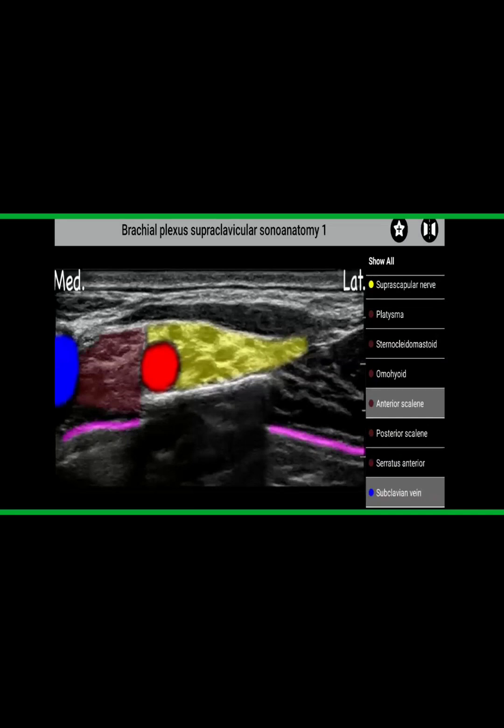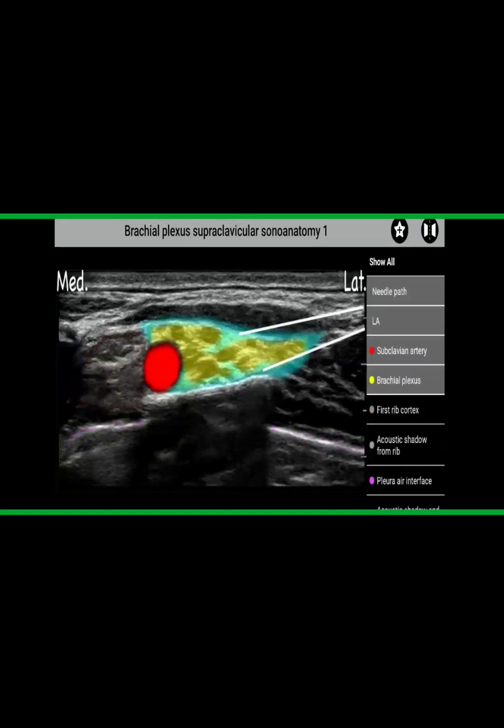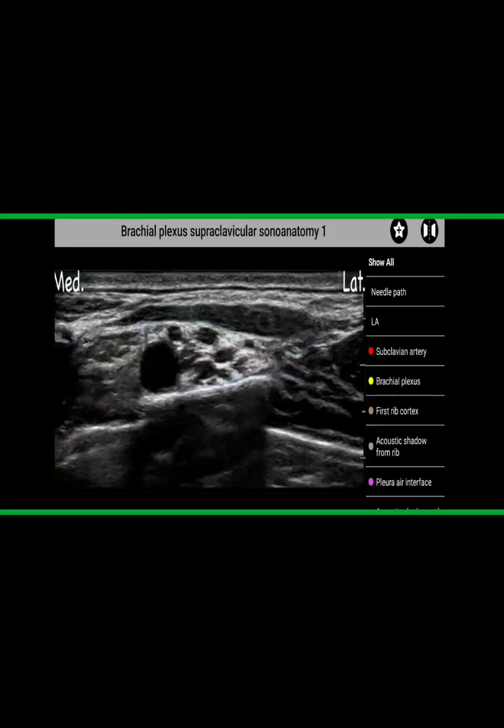We can see the subclavian vein and the anterior interscalene muscle. Now these two white lines are the needle directions, needle trajectories. This is how we are going to approach while doing the block. This is exactly the figure we are supposed to see while giving a block.